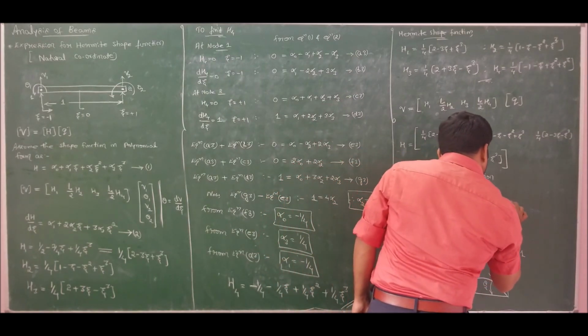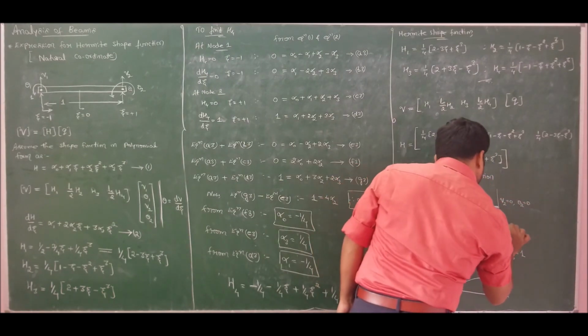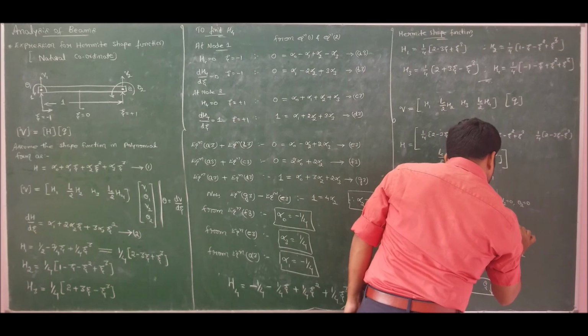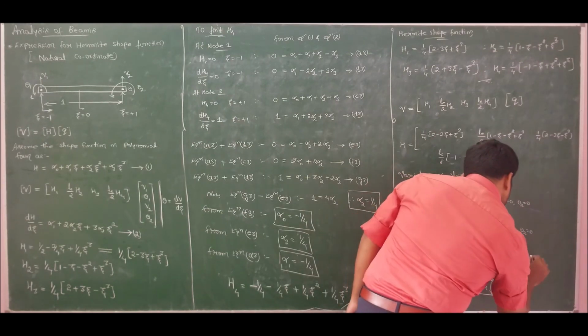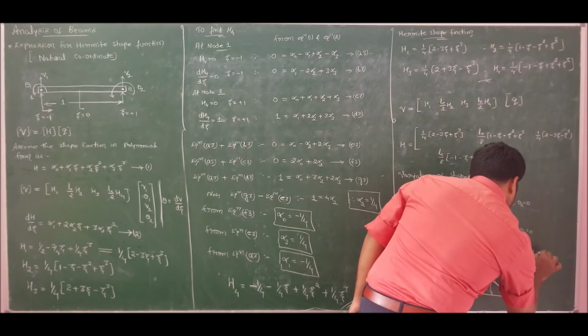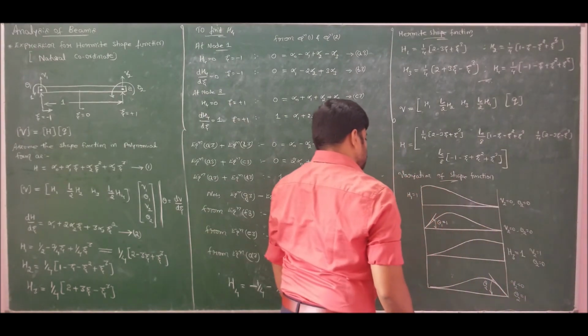So here we have v2 is 0, theta 2 is 0. Here we will get v2 is 1, theta 2 is 0. Here we will get v2 is 0, theta 2 is 1.